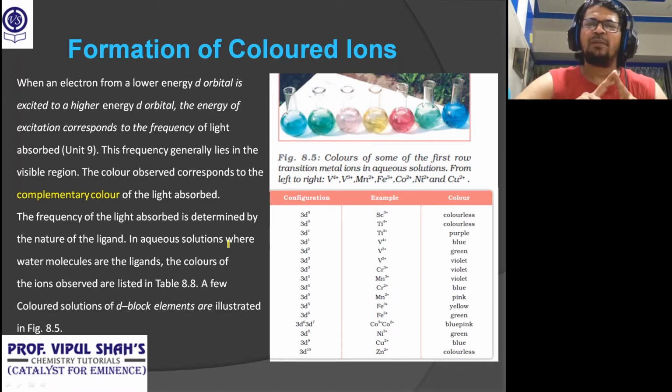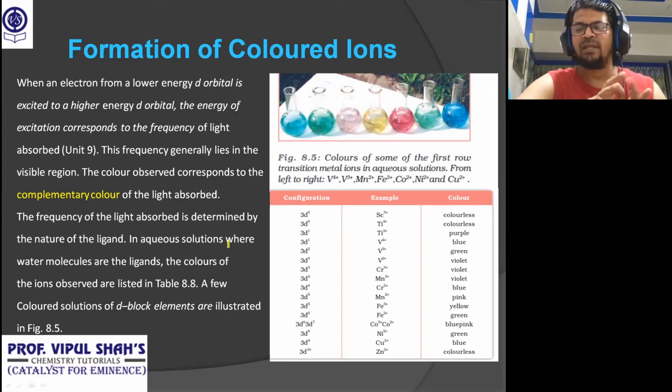That one unpaired electron jumps from the low energy level to a high energy level, T2g to Eg. It absorbs a particular wavelength of the white light, here the yellow and the red portions. So the blue and the green portions which remain are reflected back from the compound.